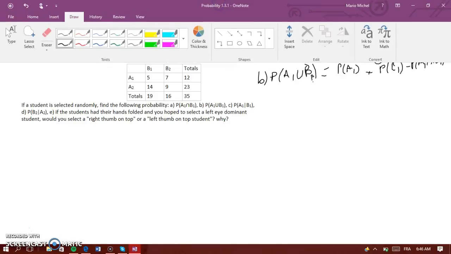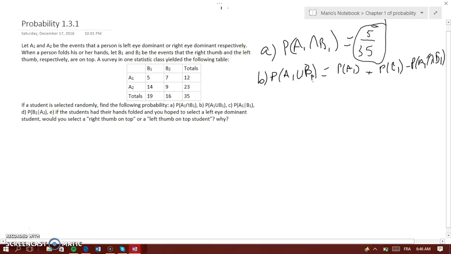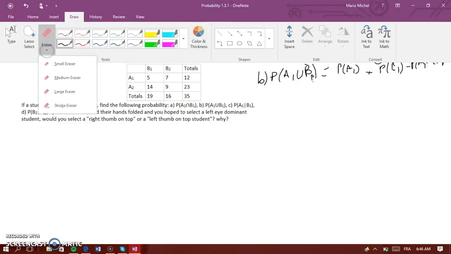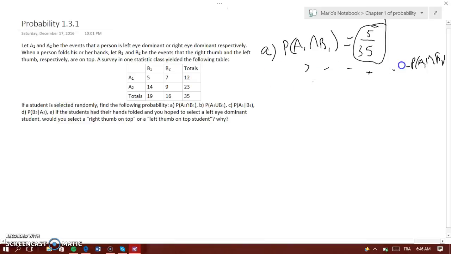This is the formula we are going to use for this one because we have an intersection. Let me do that part right there.